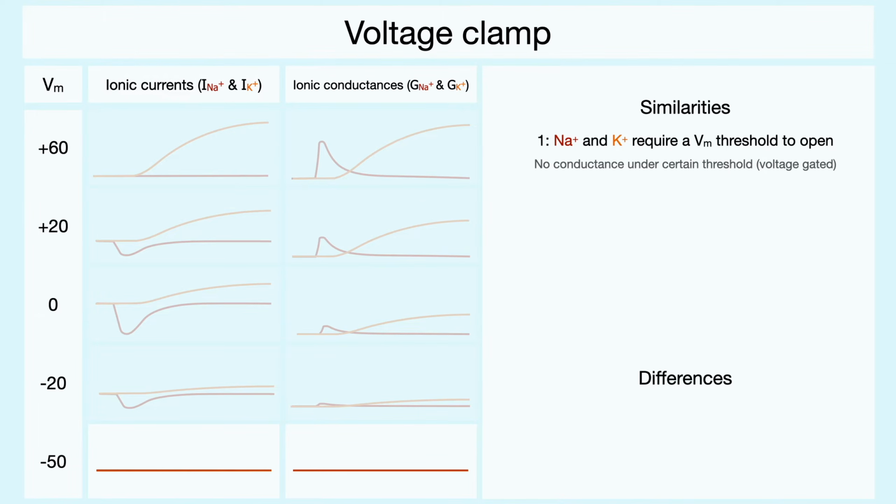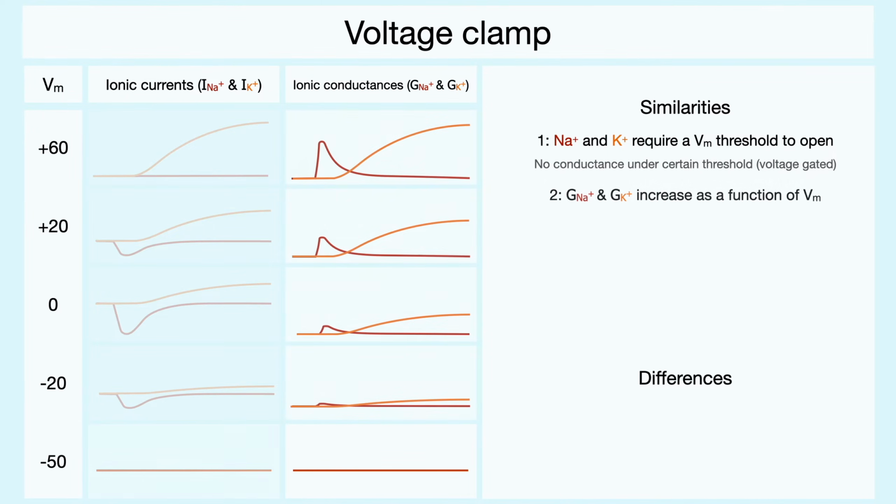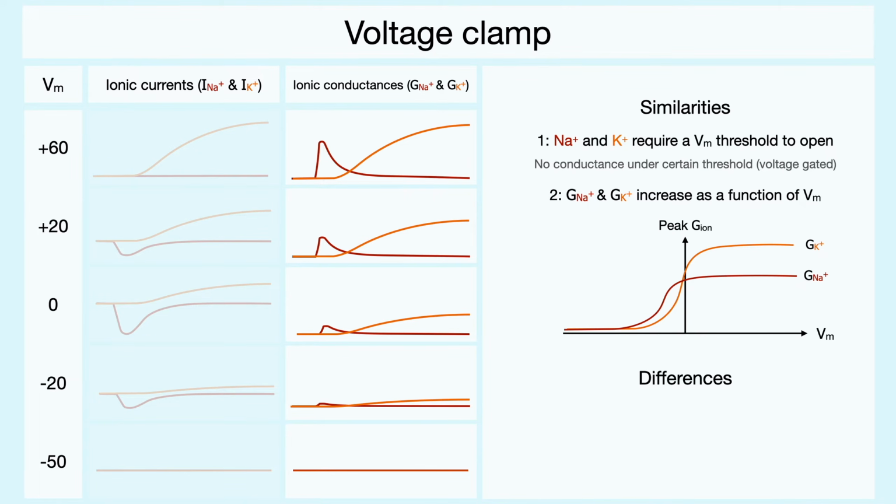Moreover, you will notice that for both channels, the conductance is proportional to the step in depolarization. When we consider the peak conductance as a function of membrane potential, the relation for both ions is sigmoidal in nature. At a very negative membrane potential, the channels are closed, and no ions cross, whereas at very positive potentials, the conductance plateaus at its highest. We will later see how to obtain this relation.